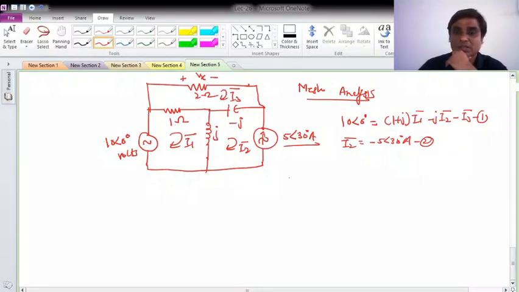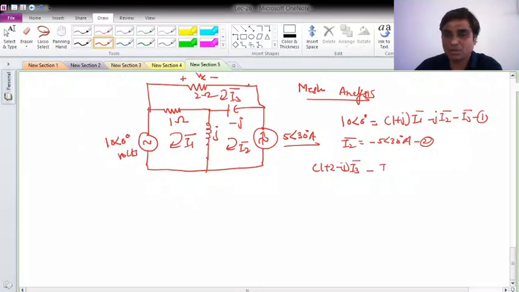Now for the third, it will be the sum of all these things, so it will be 1 plus 2 minus j I3 bar minus I1 bar, and then plus j I2 bar, right? So plus j I2 bar, which is equal to 0.